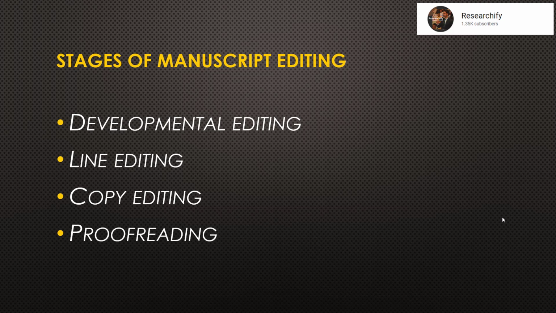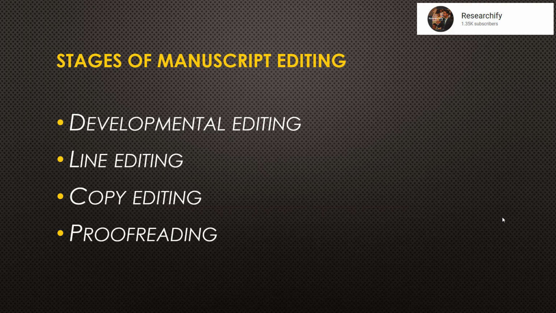The editor will trim excess words, keep sentences short, and make sure the meaning of the sentences you have written is not misleading. Line editing is very important in this process, and it will smooth the flow of your narrative.